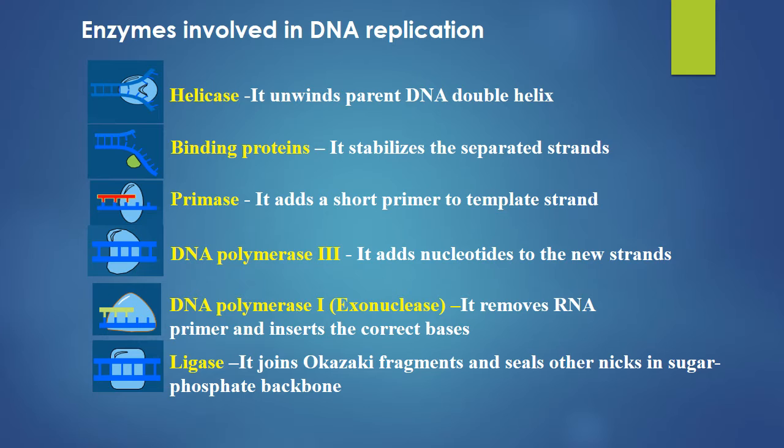And once that has happened, the Okazaki fragments, you can check more on them in a video I did specifically on the Okazaki fragments, are then joined together using the ligase to seal the nicks that are formed in the sugar phosphate backbone, and then there you'll have your complete DNA.